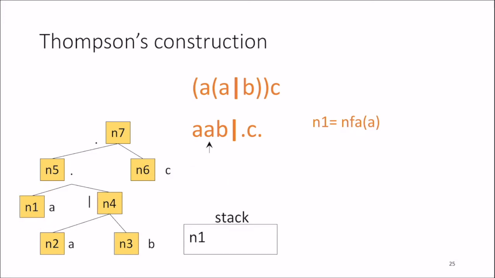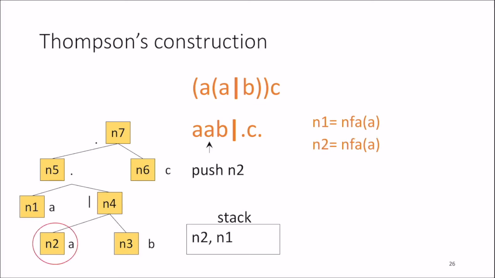Then the next thing we do is read the next symbol, which is A, and create another NFA N2, which looks identical to N1, but we need it to be a separate copy, even if it looks the same, because we're going to be merging them together to create more complex NFAs, right? So in this case, we push N2 onto the stack.